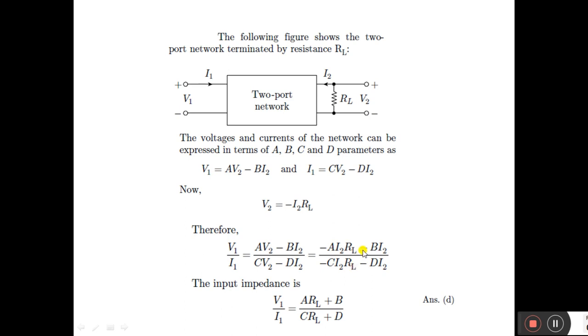Take minus as common and take I2 also common. Both minus signs cancel, I2 also cancels. You will get V1 by I1 equal to A RL plus B divided by C RL plus D. This is the input impedance. Input impedance is V1 by I1. So accordingly, option D is correct for this problem.